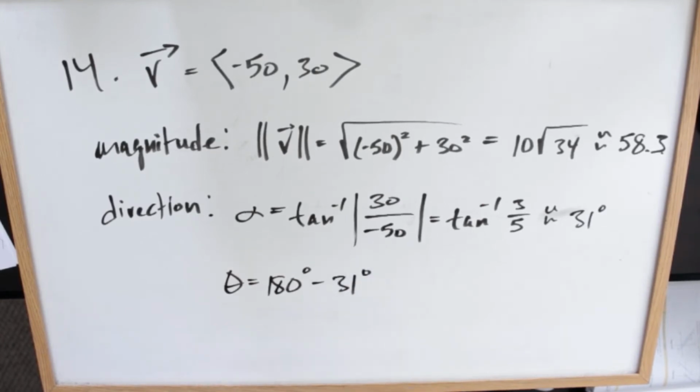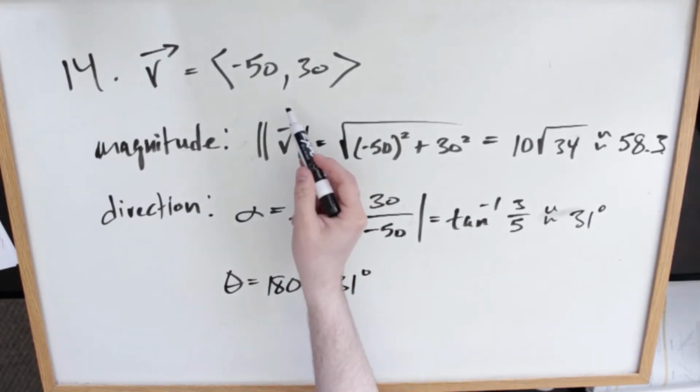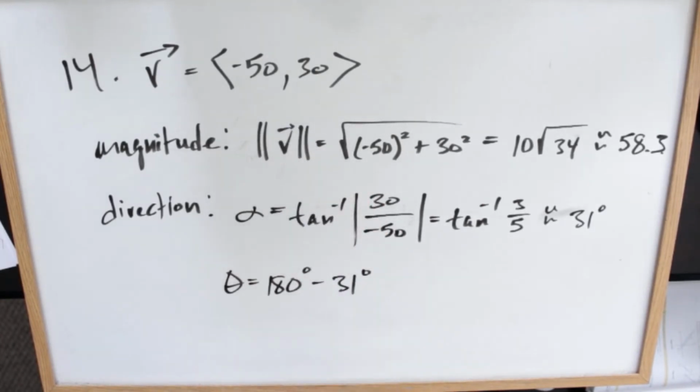Think about it like this. If this is my vector, you can think of this as being in the second quadrant. So we're looking at the direction based upon the angle off of the x-axis. So we need to measure the angle from the x-axis, from 0 degrees all the way up.